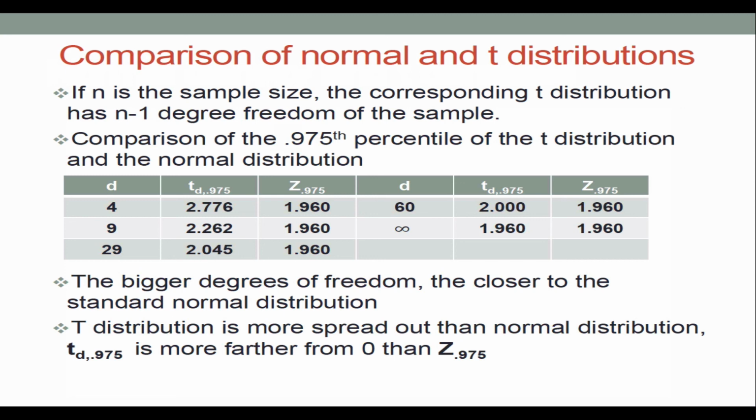So from this table, you can see the bigger the degrees of freedom, the closer to the standard normal distribution. And also, the t distribution is more spread out than the normal distribution, and this t critical value is farther from 0 than the z value.